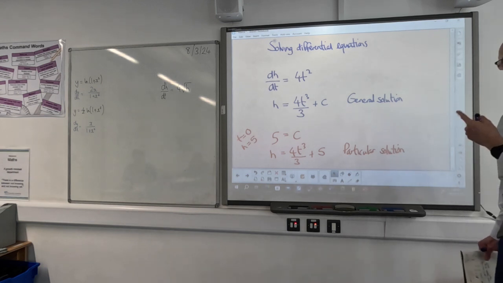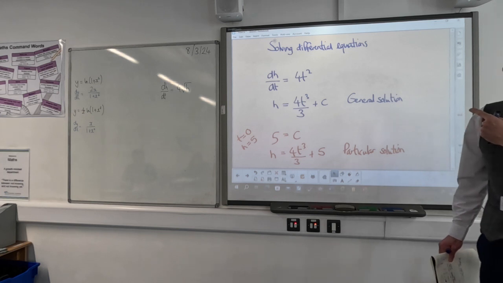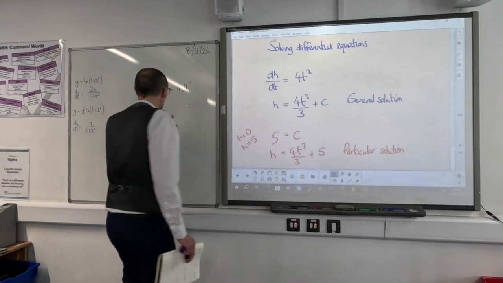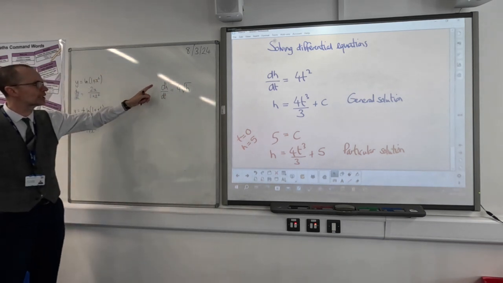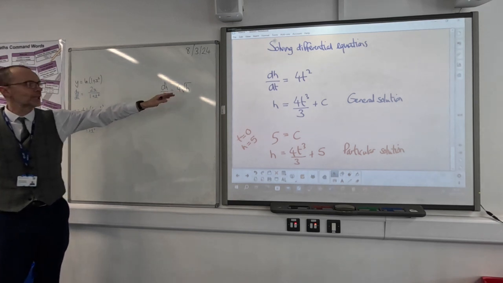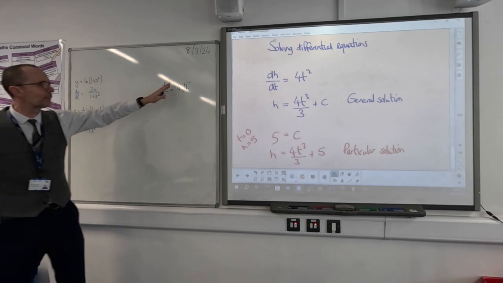Can we see what the issue is with this differential equation? Yeah, in terms of h. This statement here says the rate of change of h with respect to t, but this has h as the variable. So if we were to integrate this with respect to t, that would be like a constant.